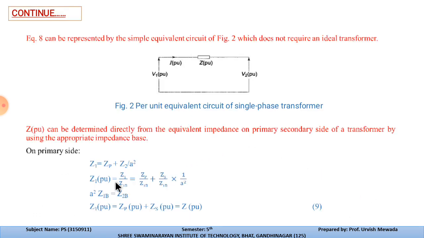So Z1 per unit will become Z1 divided by Z1 base, which is equal to ZP divided by Z1 base plus ZS divided by Z1 base into 1 upon A square. From this we can write A square into Z1B is equal to Z2B. So Z1 per unit will become ZP per unit plus ZS per unit, which is equal to Z per unit. So from this equation number 9 we can calculate the Z1 per unit of the system.